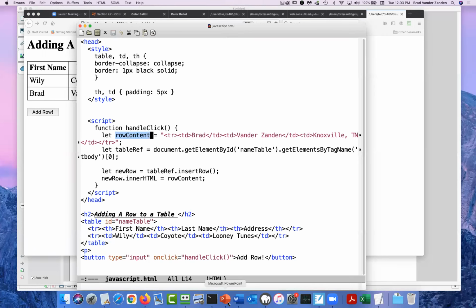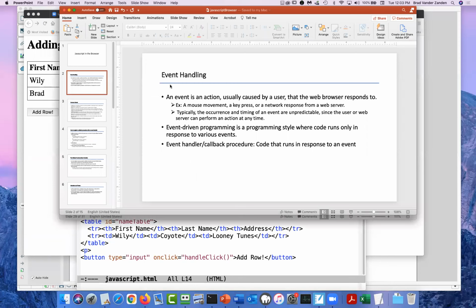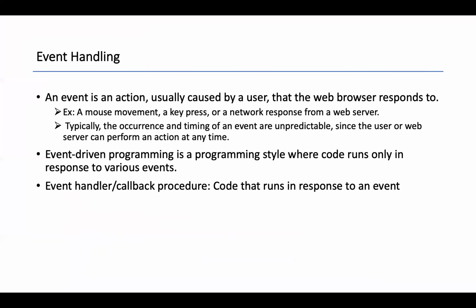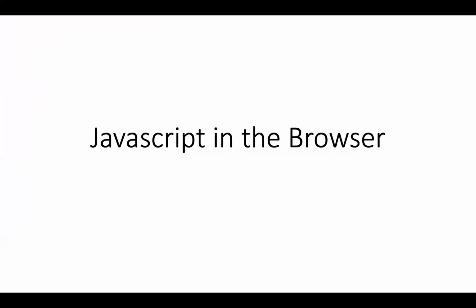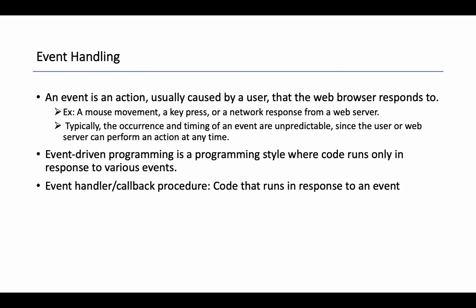Okay. In that case, I have some PowerPoint slides for the next part because it makes it a little easier to go through them. So, as I said, we now know how to modify the document object model, but in order to modify it, we have to be kicked into action somehow.